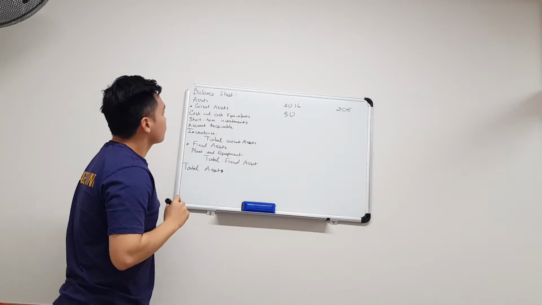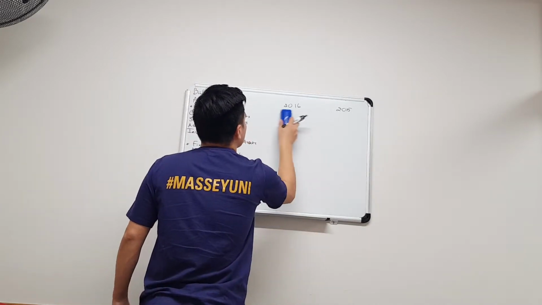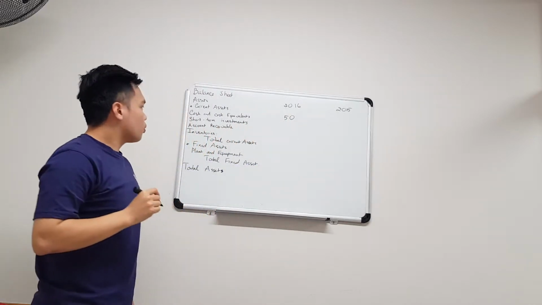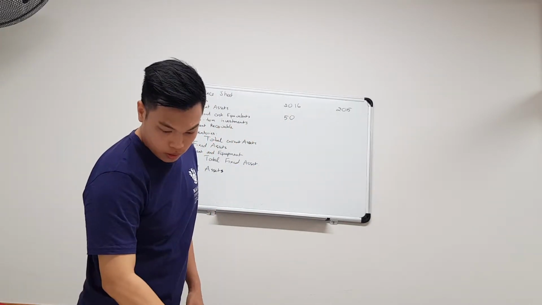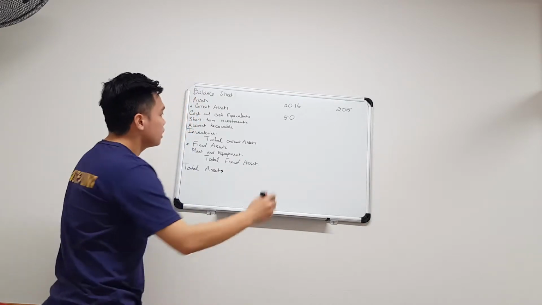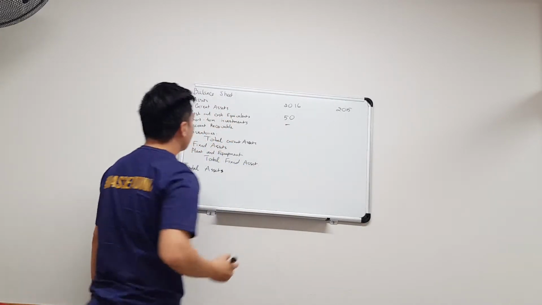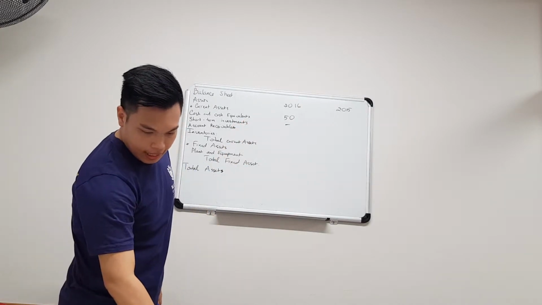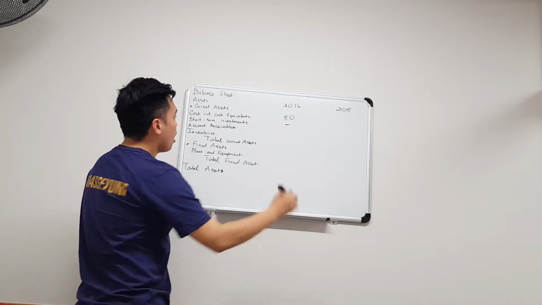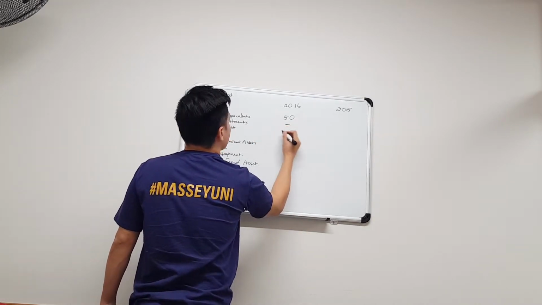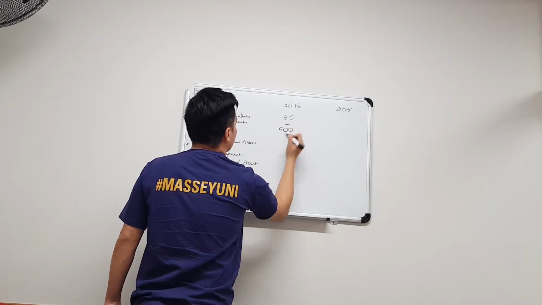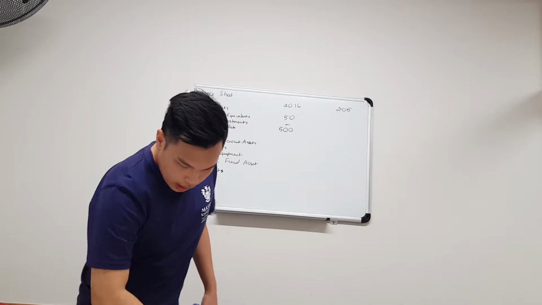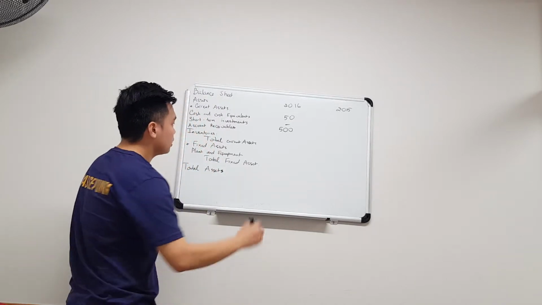We don't have short-term investment. Account receivable, we have 500. Inventory, we have 1,000.